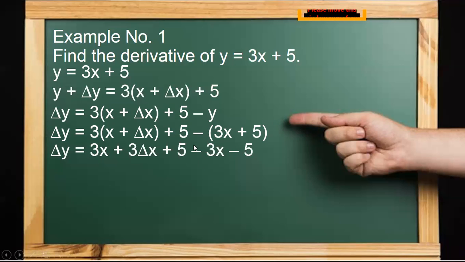So minus multiplied by 3x is minus 3x, and negative multiplied by positive 5 is negative 5. So canceling out similar terms, this will become delta y equal to 3 delta x.